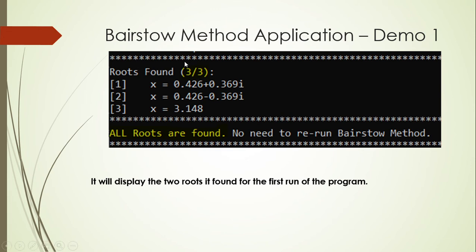So now we have all the roots found, as I mentioned: 0.426 plus and minus 0.3691i, and the third one, x is equal to minus 3.148. So all the roots are found, so there's no need to rerun the Bairstow method. It means there's nothing to rerun in the program. You don't need to click rerun because all the roots are found. Otherwise, if you use a fifth degree polynomial, you have to click rerun again.